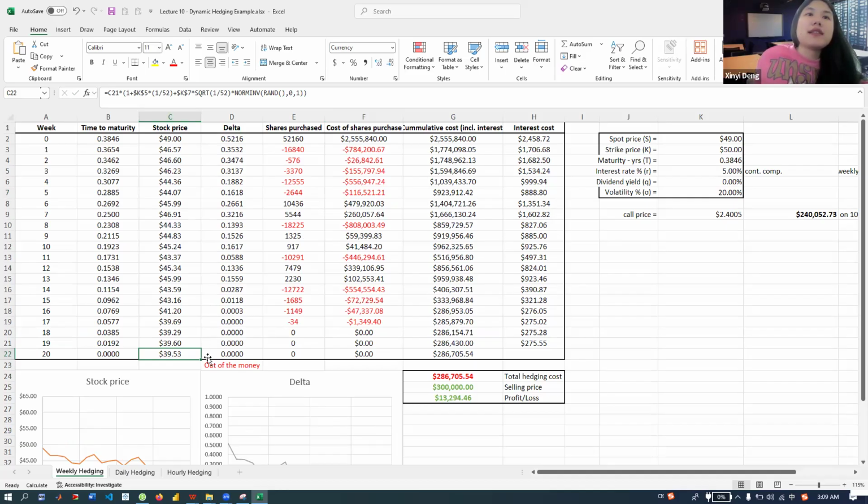But for this current simulation, we can see that at maturity, which is week 20, the stock price is very low, and therefore the short position in our call is out of the money. Since it's deep out of the money, the delta is actually zero.